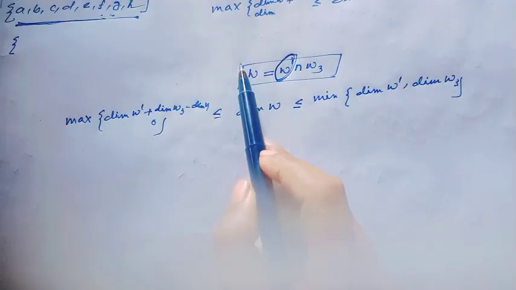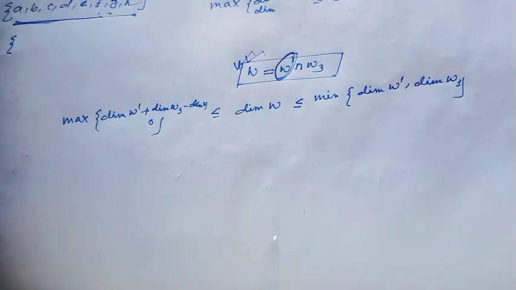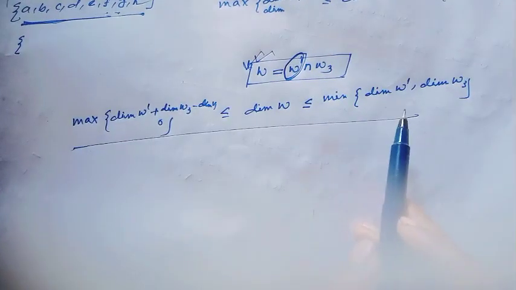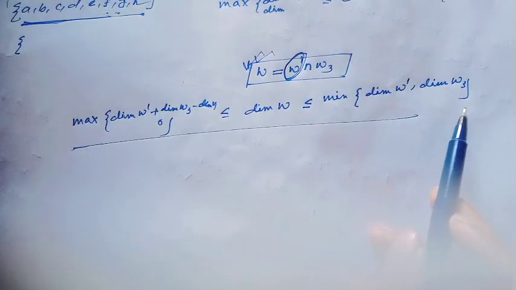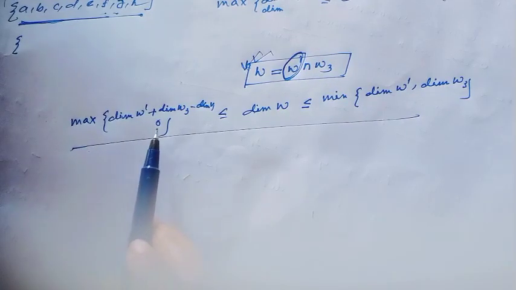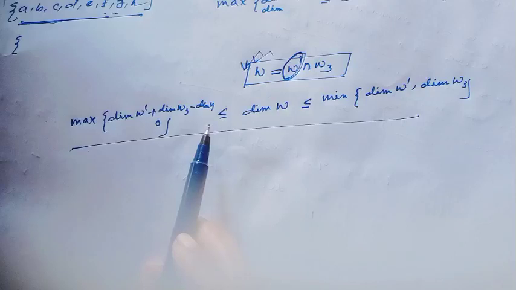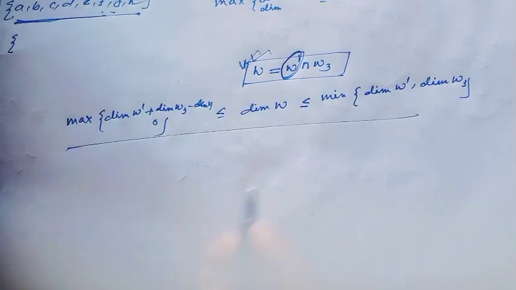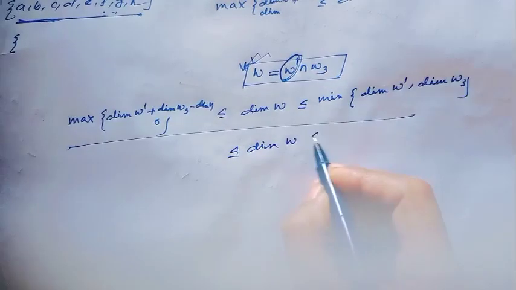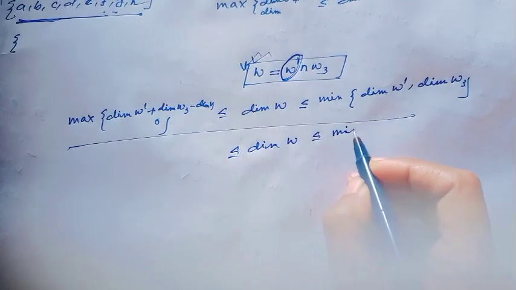Then to find the dimension of W, here I will also use this theorem. The dimension of W would be less than or equal to the minimum of dimension of W bar, comma, dimension of W3, and greater than or equal to the maximum of dimension of W bar plus dimension of W3 minus dimension of V, comma 0.